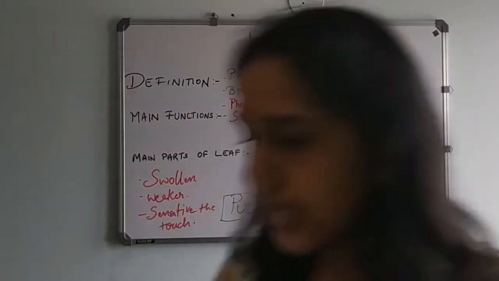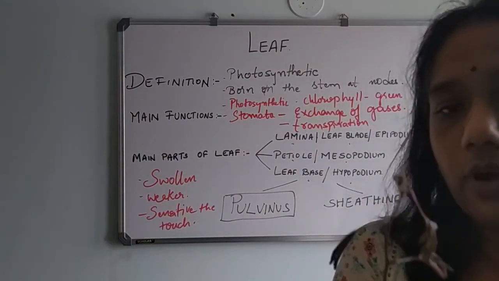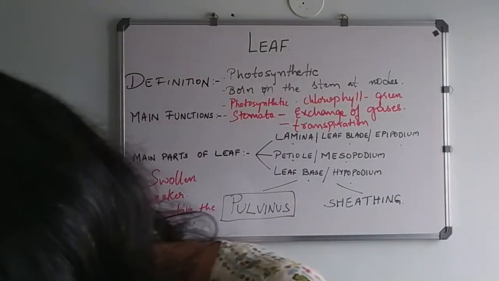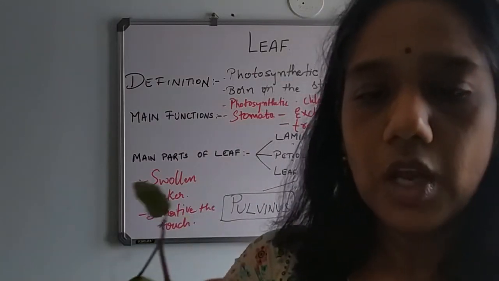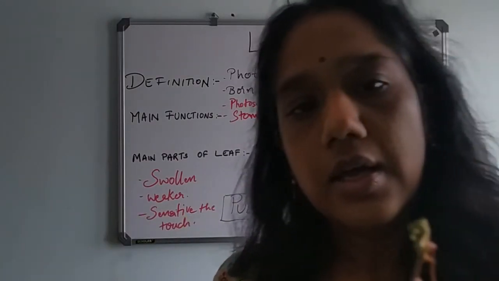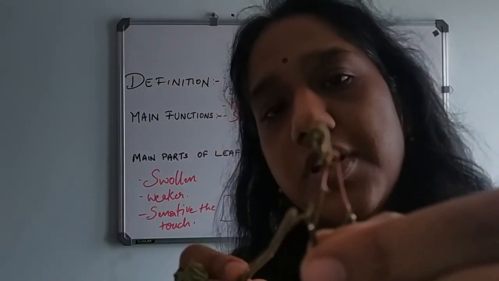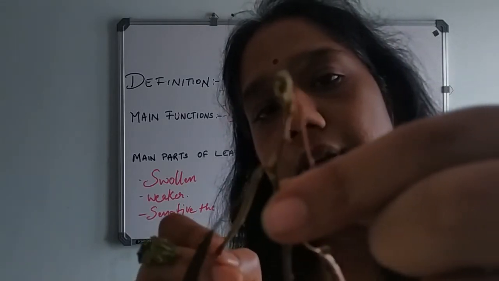Okay, see here. This is the sample of Mimosa pudica which I have taken. I'll show you how the pulvinous leaf base looks. Now, if you see, here there is a swollen region. Can you see the swollen region, students?